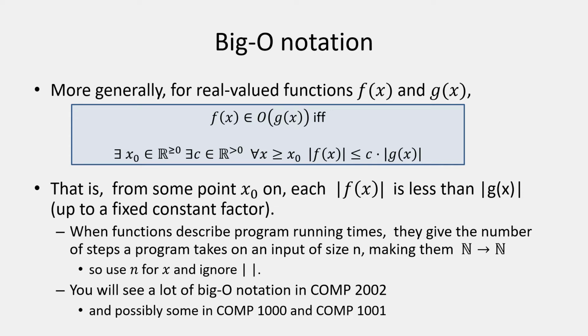So there is a number x0 and a constant c which is greater than 0, and x0 is also greater than or equal to 0, such that for all x that are bigger than that x0, the absolute value of the function f is less than the constant times the absolute value of the function g.